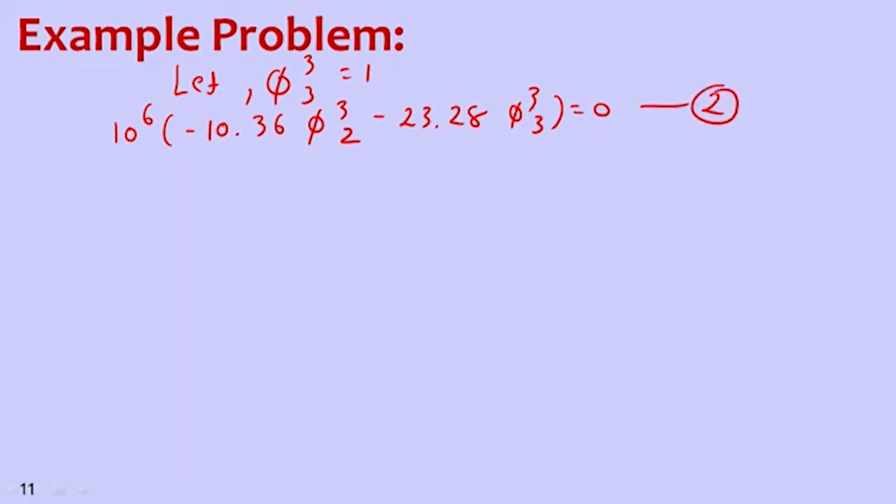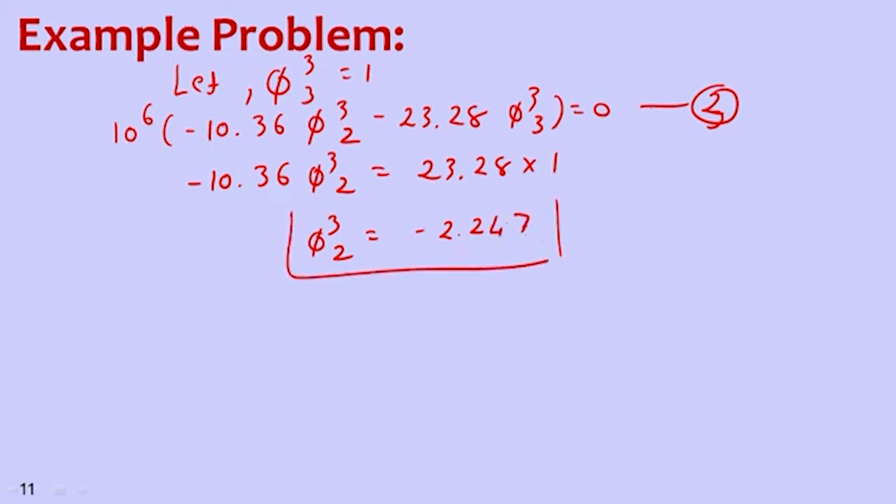This was my third equation. When I substitute, 10.36 532 is equal to 23.28 multiplied by 1. So here I will get 532 as minus 2.247. So this is a value at the second floor.